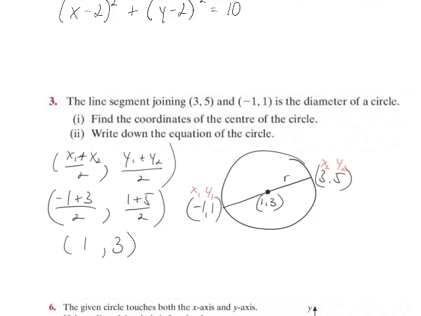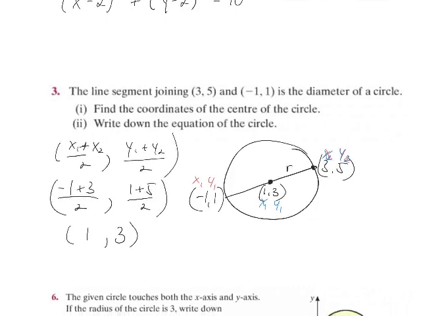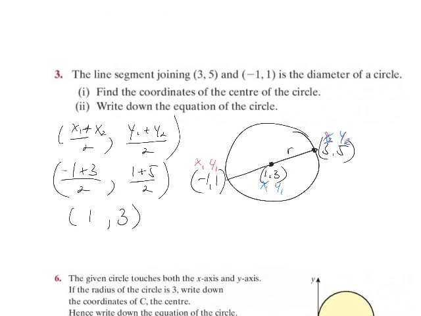So this is the radius, which is the distance from the center to the point on the circle. So we relabel. We call this now x1, y1, and this can stay x2, y2. And we can calculate the distance now. The distance between the 2 points is the same as the radius.